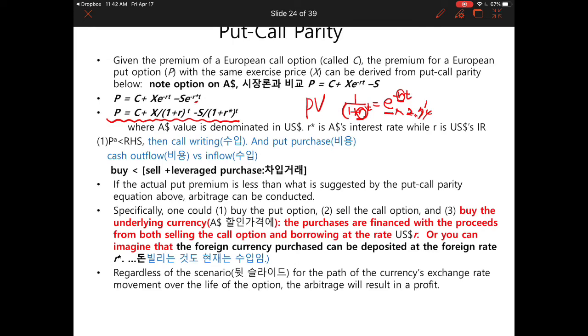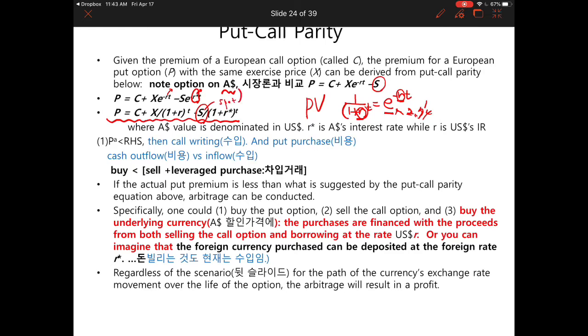So the key thing is, we have a new interest rate applied on the foreign currency, which is Australian dollar. And as you can see, the interest rate in Korea versus the interest rate in the United States, normally those two are different. So this plain R and R with a star, you'd better suppose both of them are different from each other, right? The distinction from the financial market option on stock is that we don't discount S there, but here we discount S. That's the spot price of the target currency.